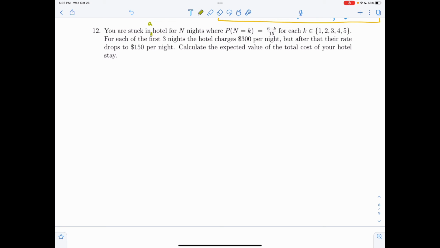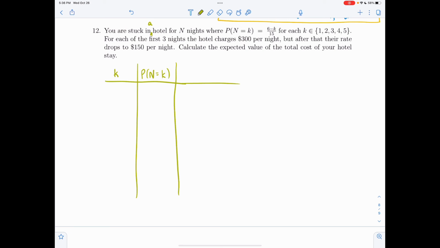Okay, so let's make a chart of K. The probability that N equals K, that's the probability mass function. And also, let C of K be the cost function.